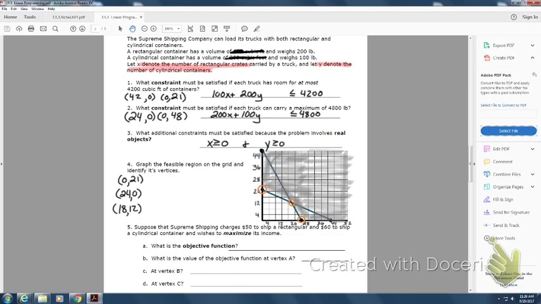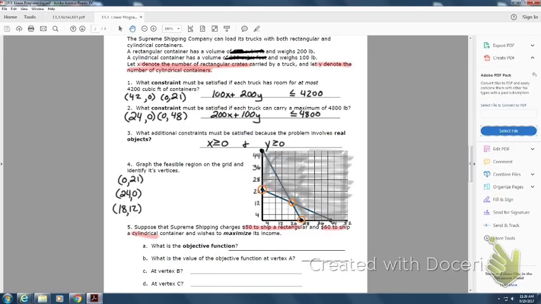Coming down here to number 5, this is where we're going to get the objective function. It says, suppose the Supreme shipping charges $50 for each rectangular and $60 for each cylindrical, and they wish to maximize the income. Your objective function is always going to start with what?